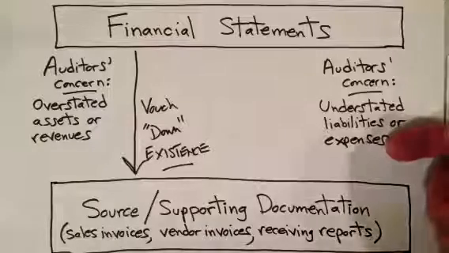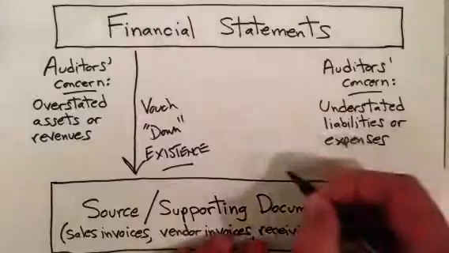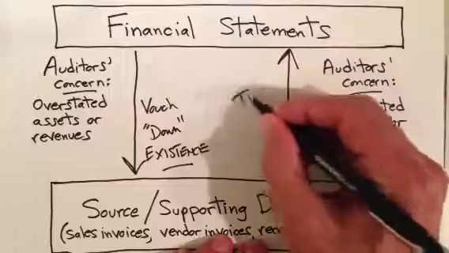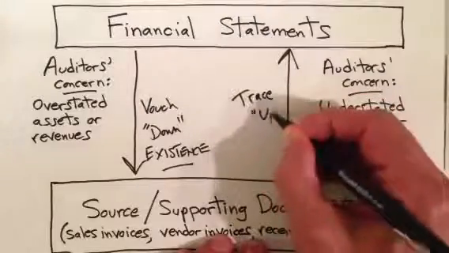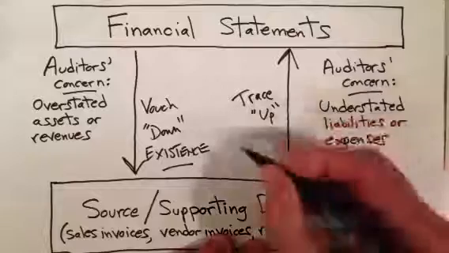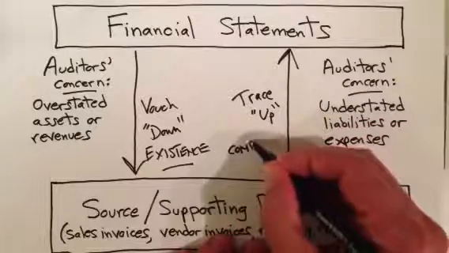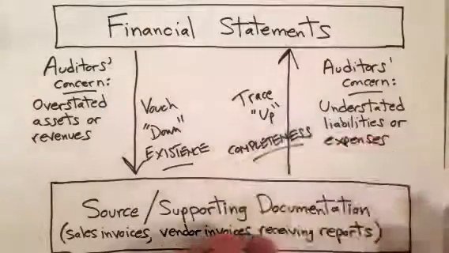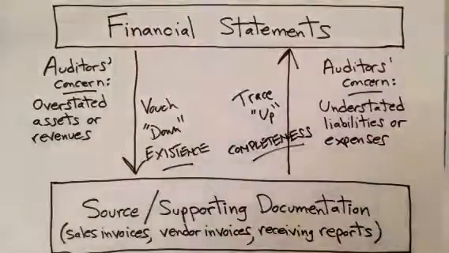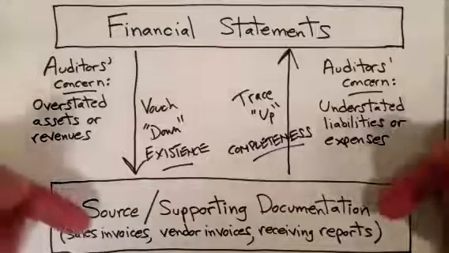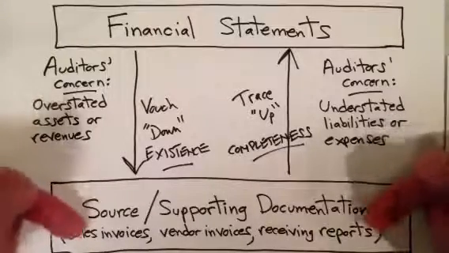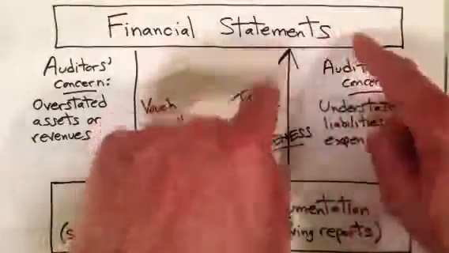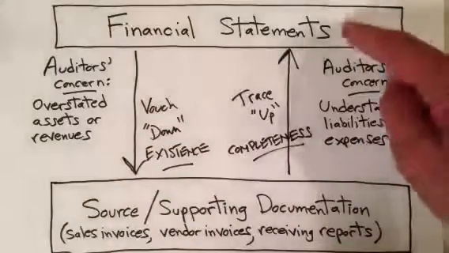To test for this, the process that we use can be called tracing up. We'll say trace up. And what we're testing for here is completeness. We're testing for completeness to make sure that all of those bills, all of the expenses and the liabilities that are down here shown in the supporting documentation have made it up here into the financial statements and are showing up in the liabilities and the expenses.